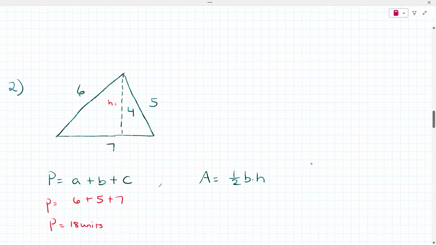What about the area? Area equals 1/2 base times height. Well, it's going to be 1/2. My base is 7, and then my height is 4. So 7 times 4 times 1 is 28, over 2, which gives you 14 unit squared.